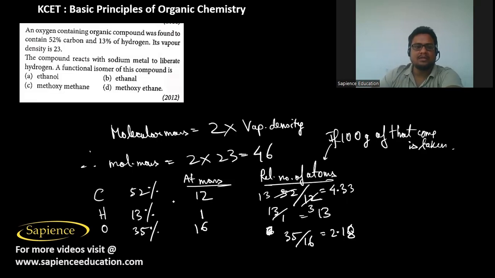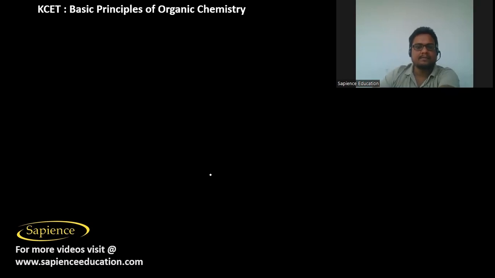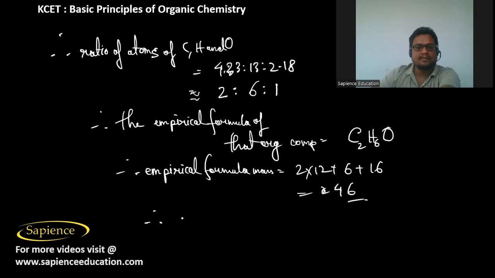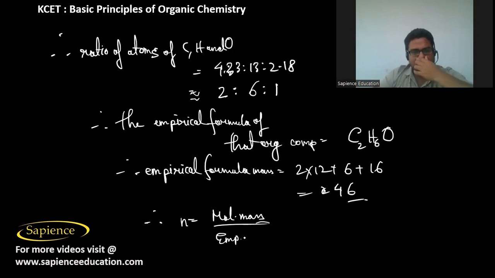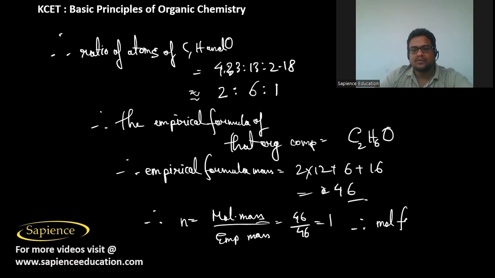Therefore, the molecular mass is also 46. Therefore, n will be equal to molecular mass by empirical formula mass, which is 46 by 46, which is equal to 1. Therefore, the molecular formula of that compound will also be C2H6O.